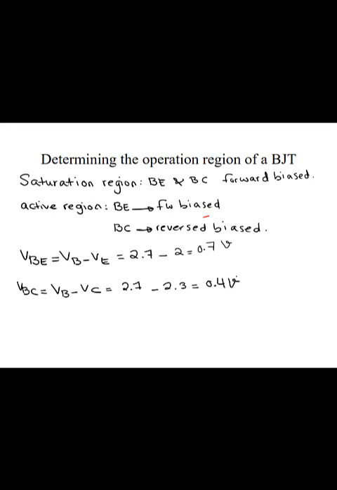So as we can see, both of these junctions have the voltage greater than 0, 0.7 and 0.4. So we can conclude that both junctions are forward biased. So with regards to the definition of saturation region, we can say that the operating region of this transistor is in the saturation region.